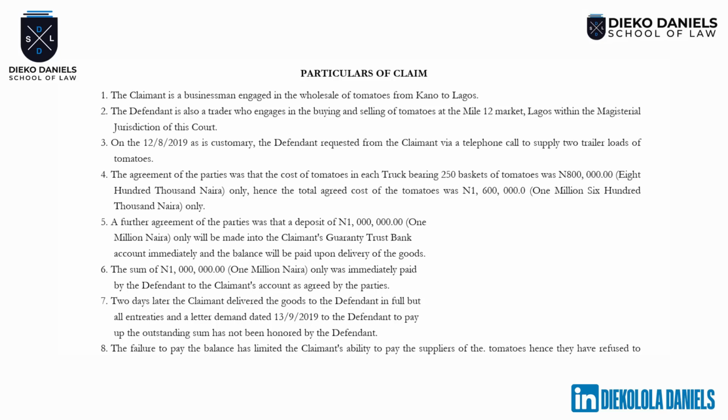Now, one thing that you would note here is that if you have read further and you know how to draft a statement of claim, naturally, what you ought to be seeing is the claimant avers. The claimant avers that there was a particular agreement that states that so and so. Now, when you are in the magistrate court, it is not so strict in terms of drafting, although there are some rules that you ought to obey.